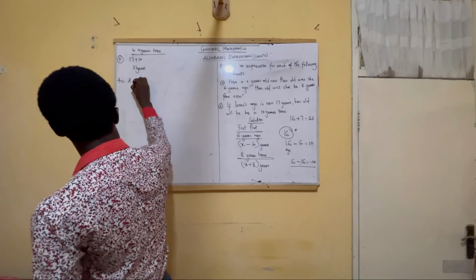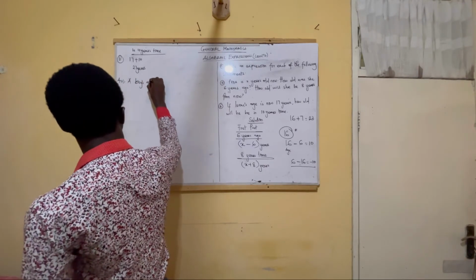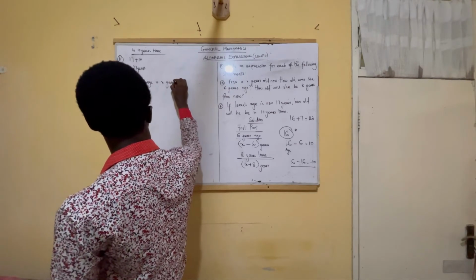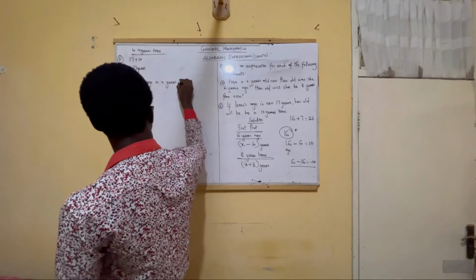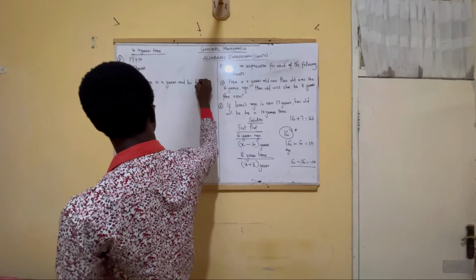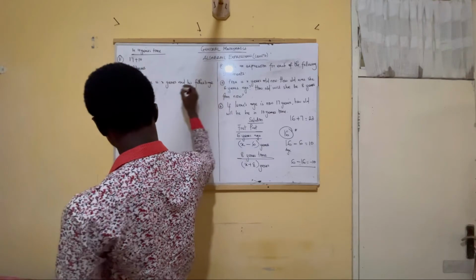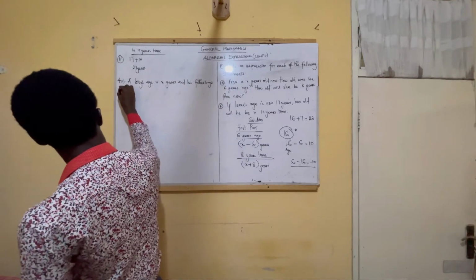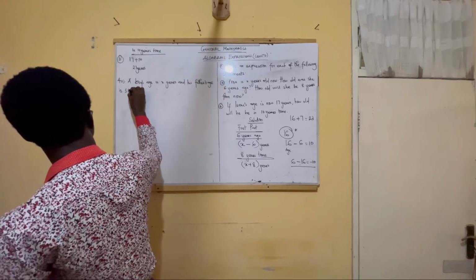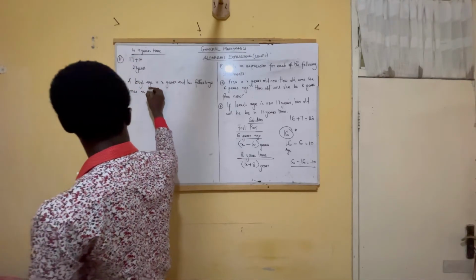A boy's age is X years, and his father's age is 5 times as old.